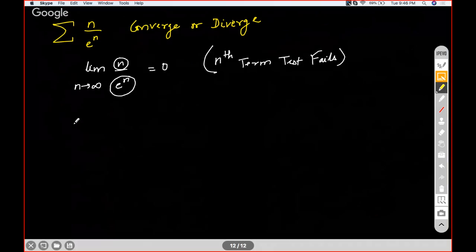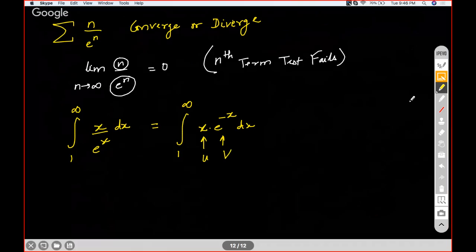So now what I'll do, I'll convert it to an integral from 1 to infinity of x by e to the power x dx. To integrate this, I can make use of integration by parts. U, V. Correct?